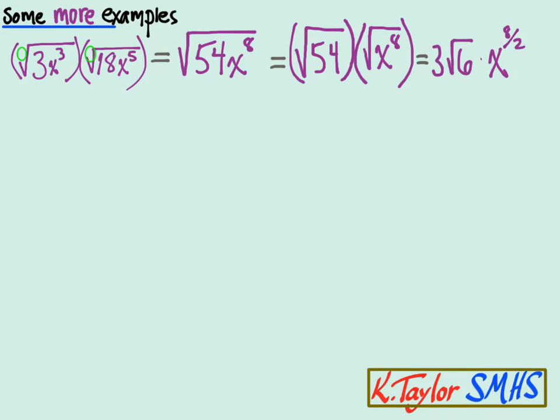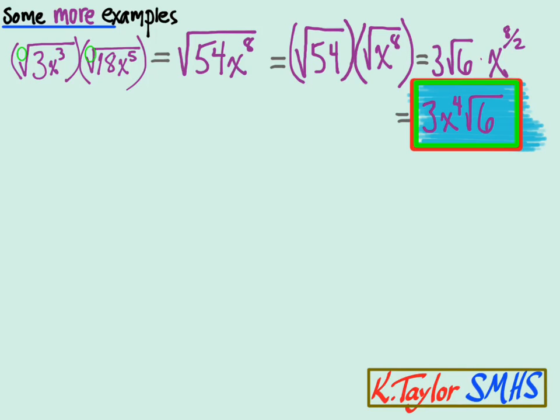Hopefully you remember how to simplify radicals like that. And of course, 8 over 2 equals 4, so x to the 8 over 2 would be better written as x to the 4th. And again, we put the numbers that are not in radicals in front of the radical. So, 3 times x to the 4th times the square root of 6.